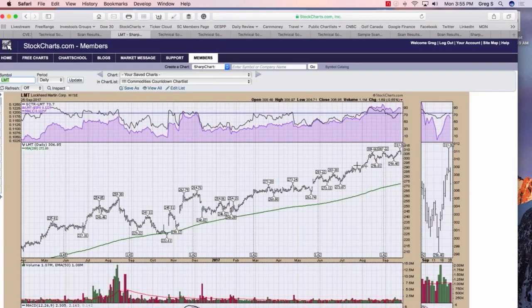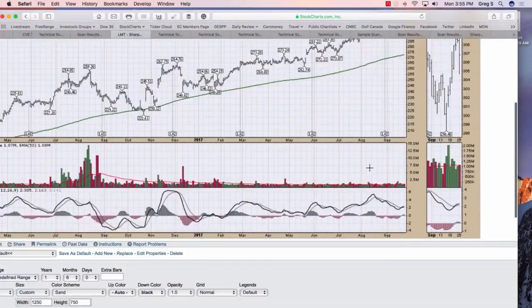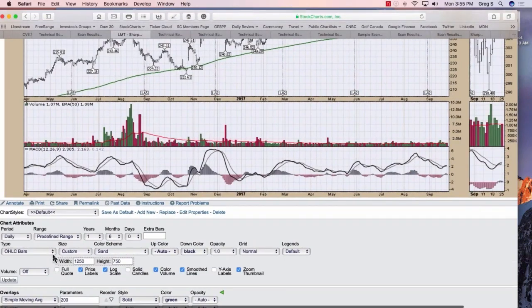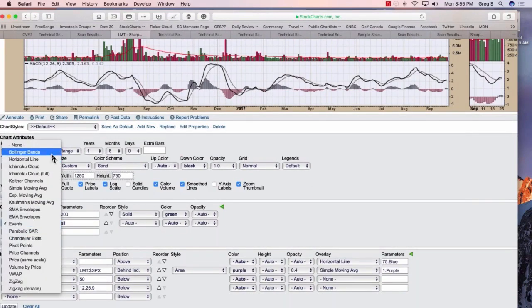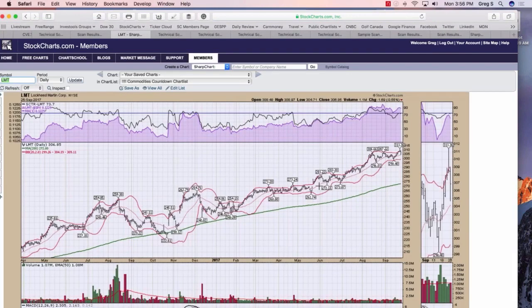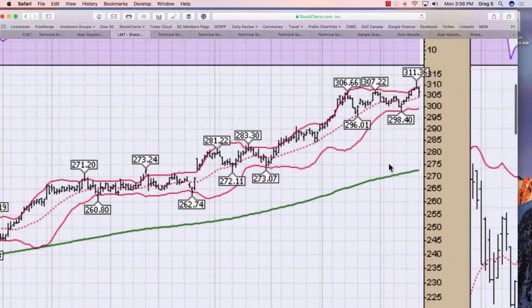So here's Lockheed Martin, and we don't have a Bollinger Band on there, so that's a little hard to see. So here's the Bollinger Band, and what we're seeing here is that the Bollinger Band roughly 3 weeks ago was a little wider, and it's getting narrower and narrower and narrower, and then 4 days ago, it was still getting narrower than 8 days ago.